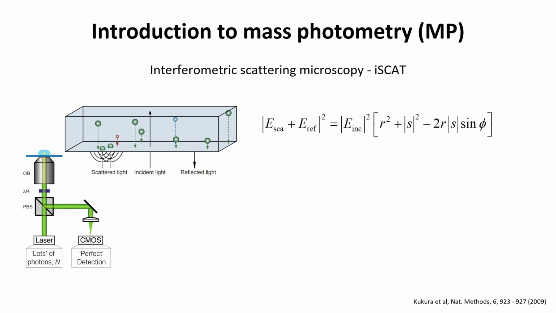And here to the right, you can see the equation of interference, where this is what we see on the camera, the combination of scattered light and reflected light.